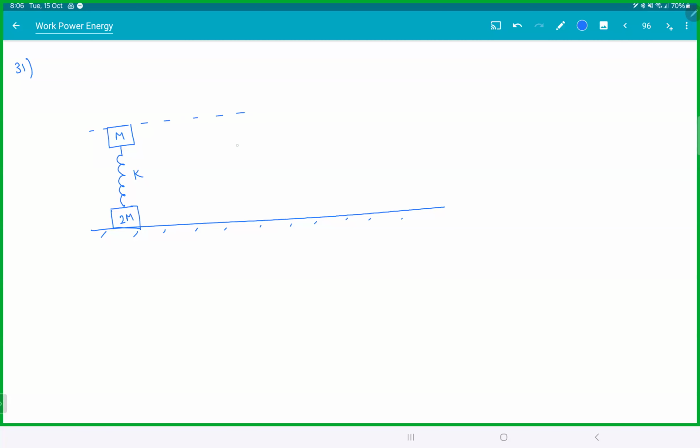From the initial position, someone compressed this block by Y. Someone pushed it down by Y. So you pushed the upper block by Y and you released it.